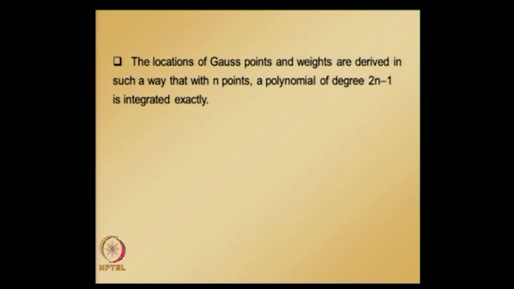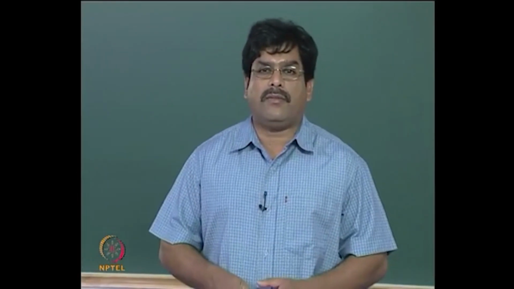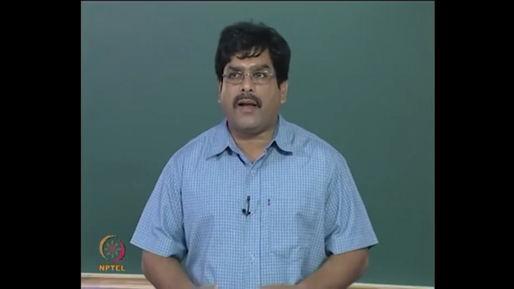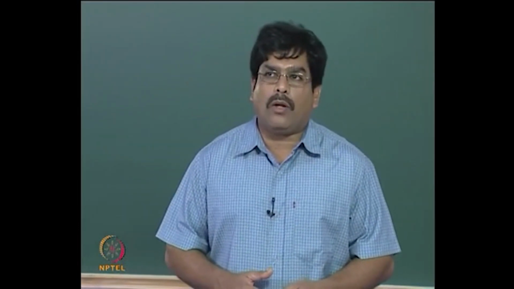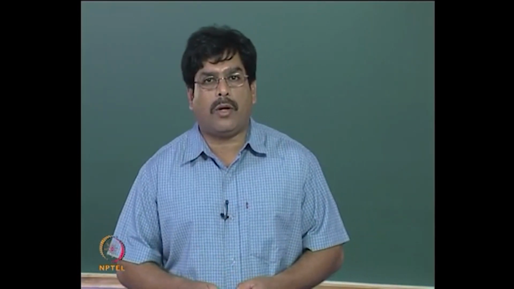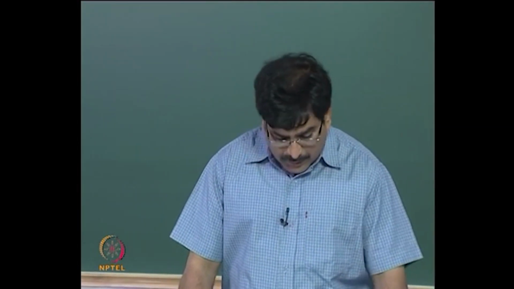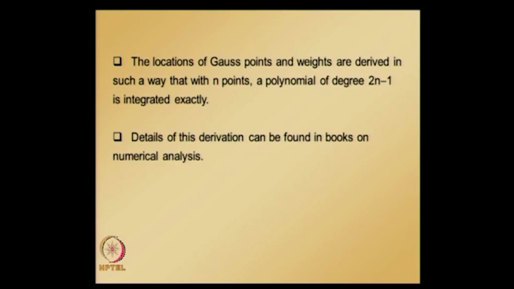So, the values of Gauss points, that is xi and wi, are derived based on this condition; when we are deriving this, it automatically follows that if we adopt n points, we can integrate a polynomial of degree 2n minus 1 accurately. The details of this procedure, how to obtain these Gauss points and weights, can be found in textbooks on numerical analysis.